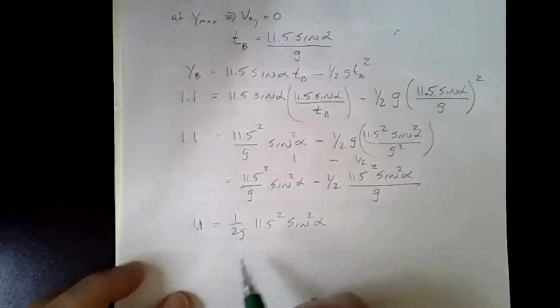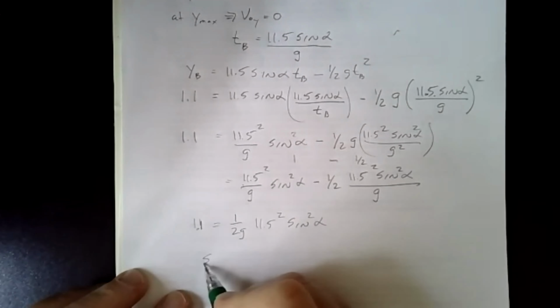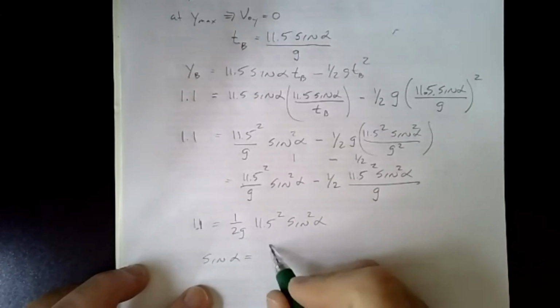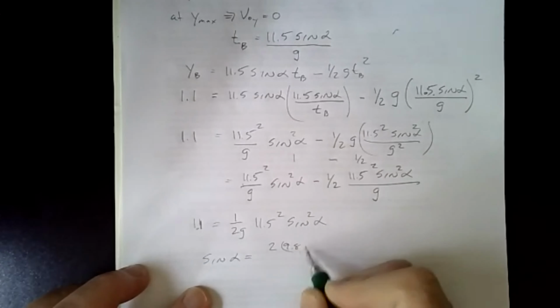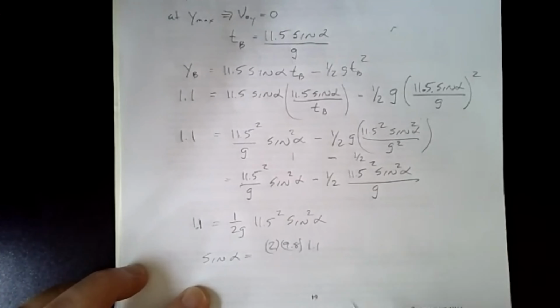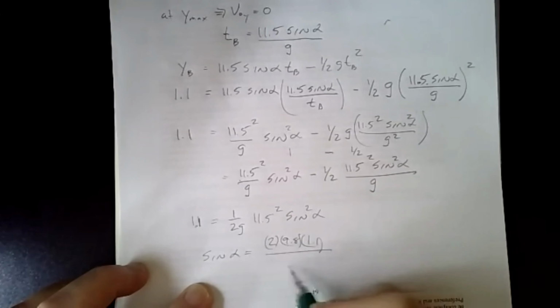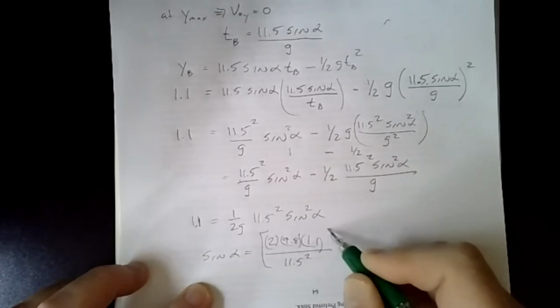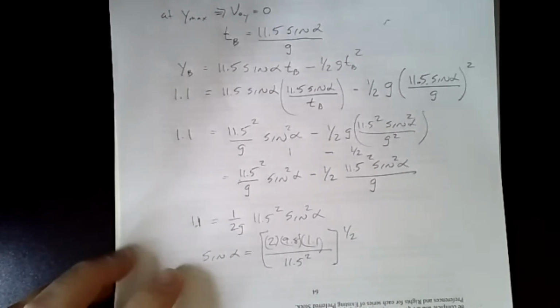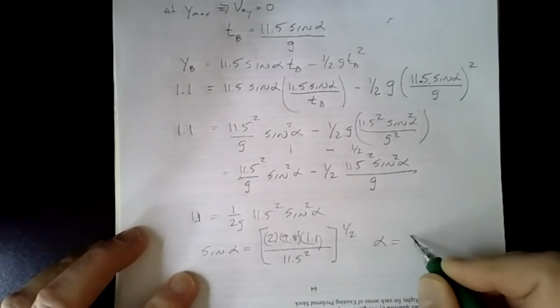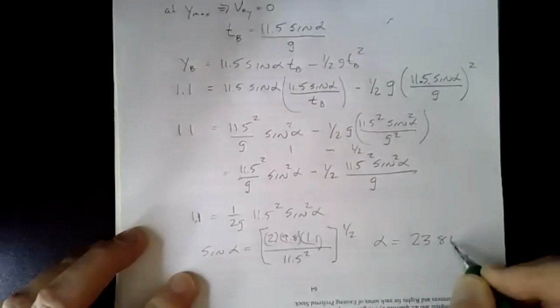I know that sine alpha is going to be equal to 2 times 9.8 times 1.1 all over 11.5 squared, all to the 1/2. So what we end up with is alpha equals 23.81 degrees.